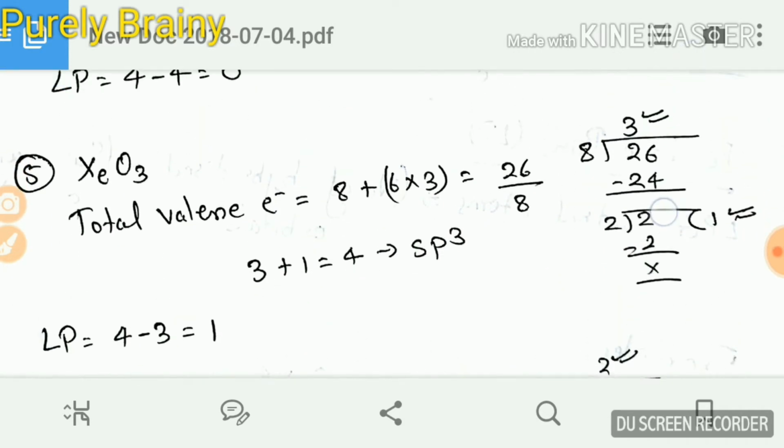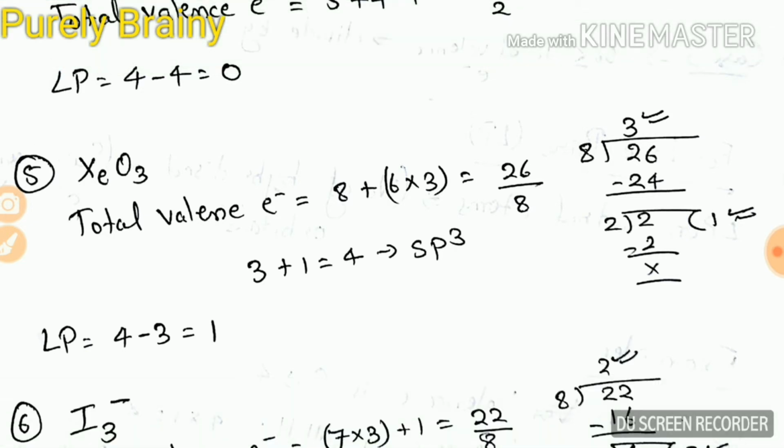Our fifth example is XeO3. XeO3 has a total number of valence electrons of 26, and 26 will be divided by 8, but 26 is not completely divisible by 8, so we divide as follows. 26 divided by 8 goes 3 times, that is 24, and the remainder is 2.